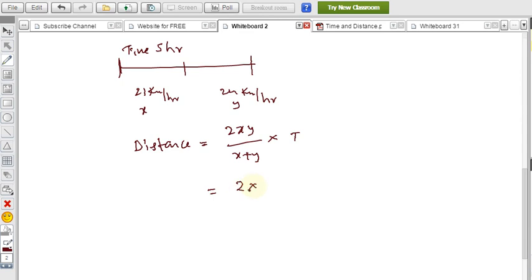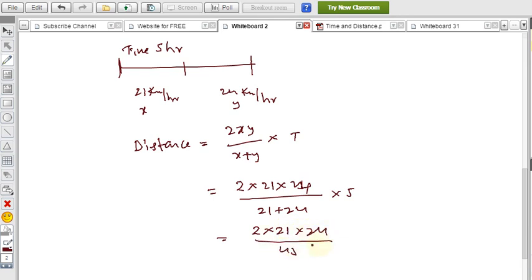That is 2 into 21 into 24 by 21 plus 24, into time, 5 hours. So 2 into 21 into 24 by 45 into 5. 5 nines, 3 3s are 9, 3 sevens, 3 8s.